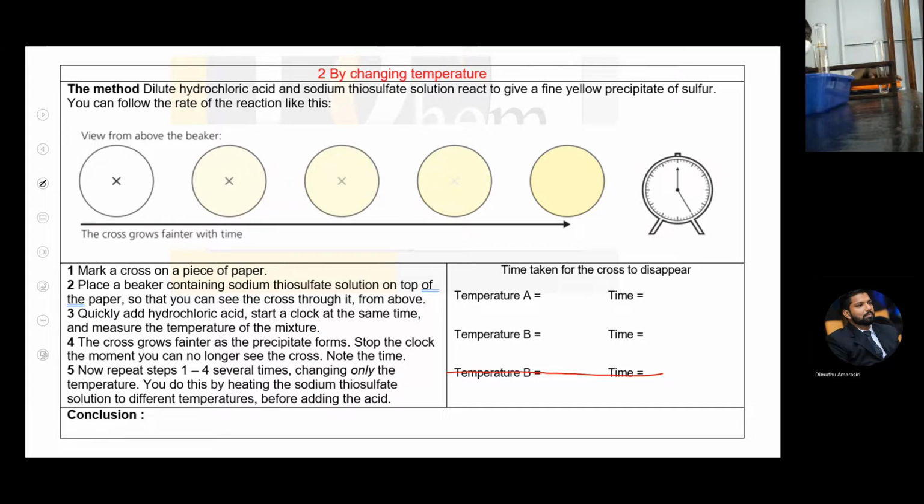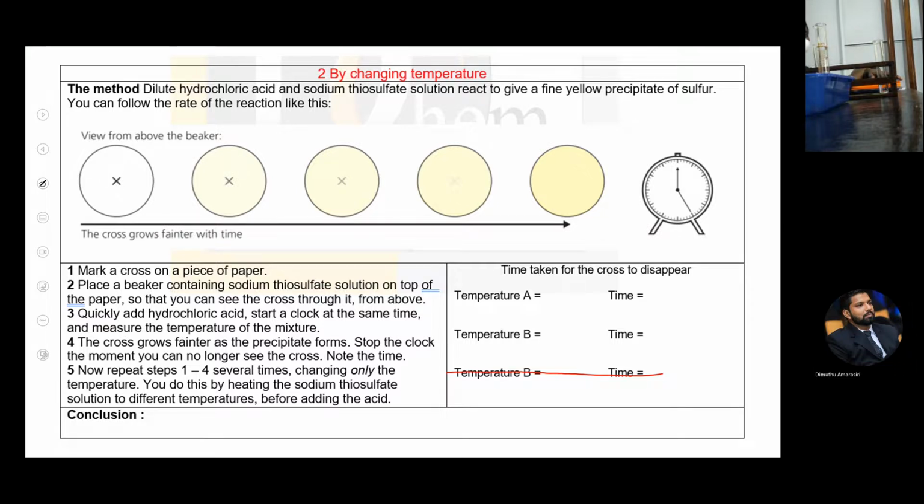Time of change. Here we are going to find the time taken for the precipitate produced to make this cross disappear when you look at it from this side. We assume that in both cases you need the same amount of precipitate to make the cross disappear.